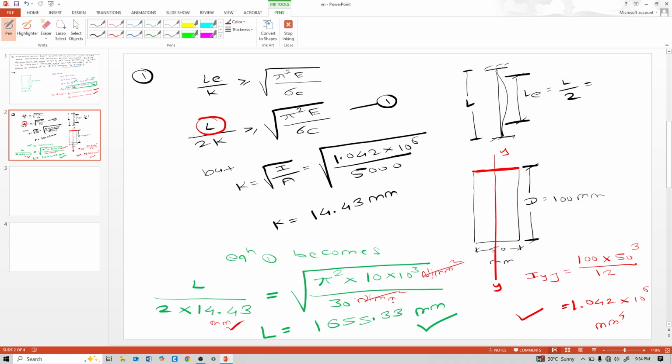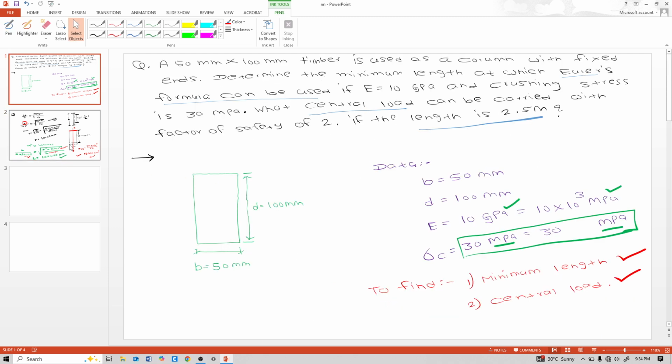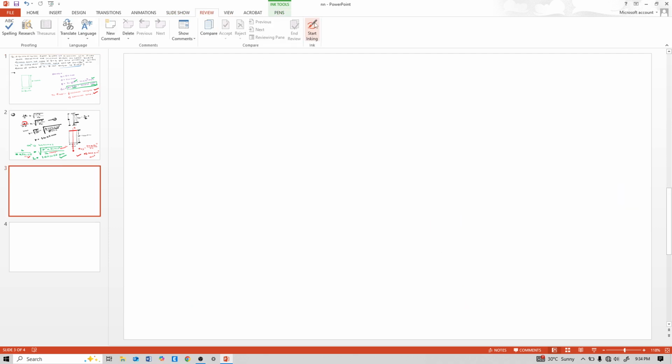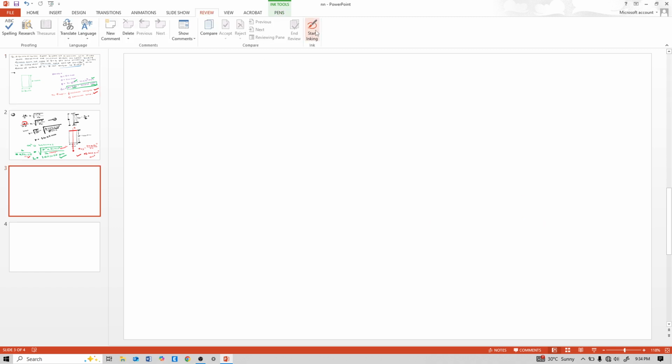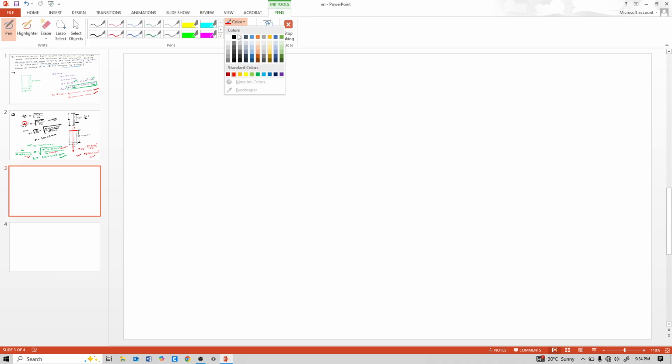Now we will go towards our second objective. The second objective is finding the central load. So how to find the central load? The central load is nothing but the buckling load formula. PC is equal to pi square EI upon LE square.